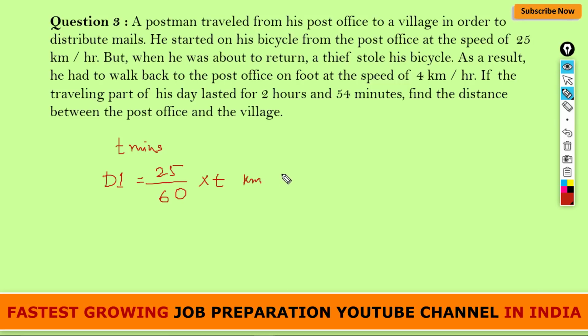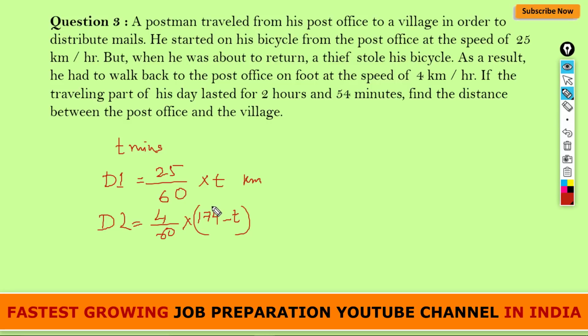Now second, the distance from the village to the post office, similarly, let's take D2 equal to 4 by 60 into 174 minus t kilometers. Now here the tricky part is why?